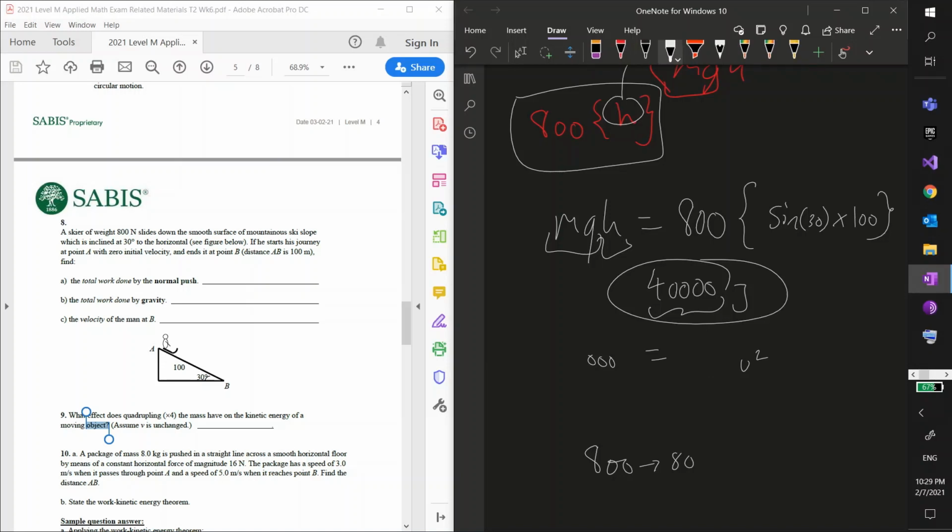So 40,000 divided by 40 is 1,000 here. So your velocity squared is equal to 1,000. What's the square root of 1,000? Let's see. 31.6 more or less, I believe. So yeah, that's it.